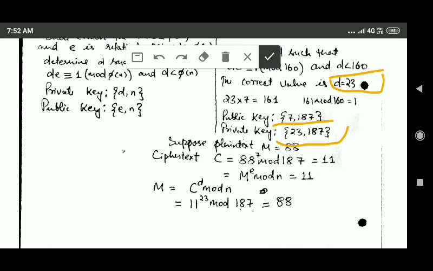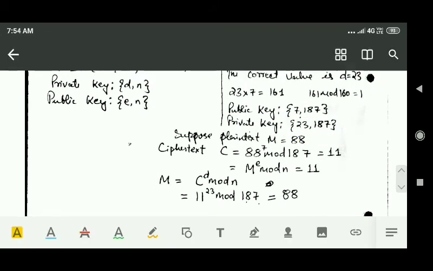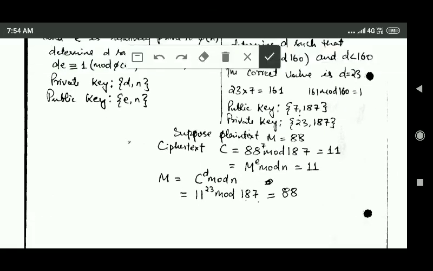Now let us see how the keys we have generated are used for encryption and decryption. As you can see here, this is the public key and this is the private key. Suppose we have this plain text M which is equal to 88. Now we have to generate the ciphertext for this plain text.